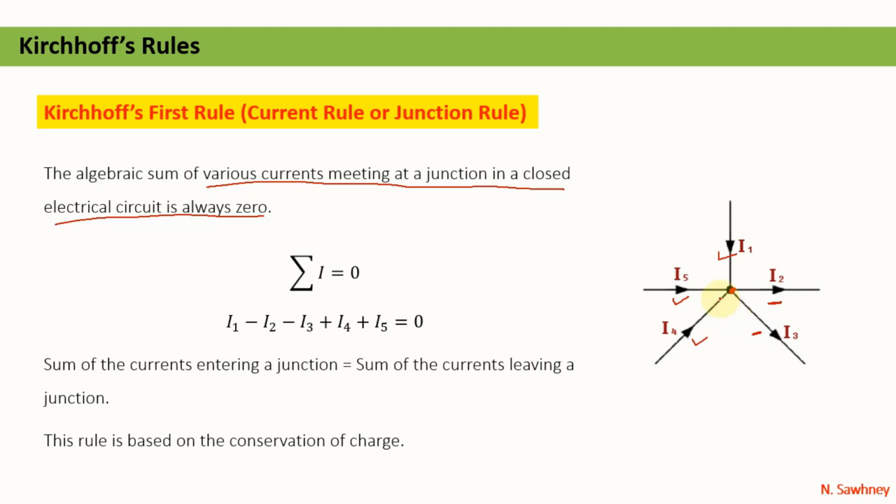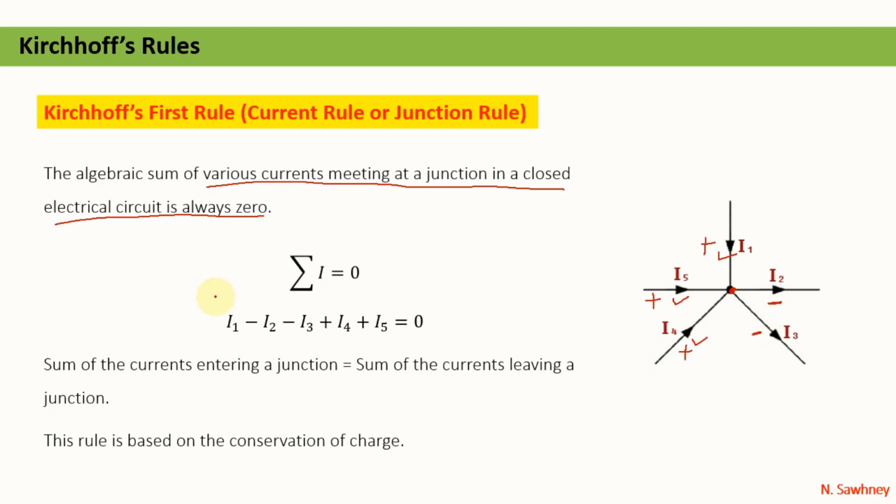So the polarities will be taken like this. The currents which are entering the junction will be taken as positive, meaning I1 will be positive, I5 will be taken as positive, and I4 will also be taken as positive, and the currents which are leaving the junction will be considered as negative.